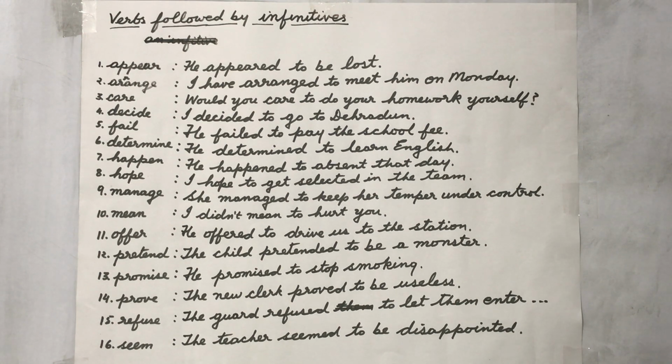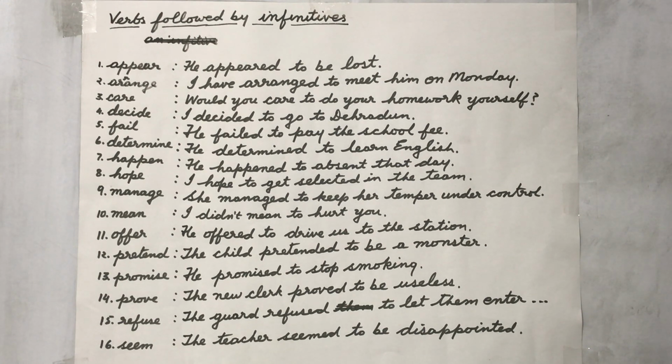See, "be" is not written after "to" in the book, so I'm saying "to be absent." He happened to be absent that day. Hope. I hope to get selected in the team. Manage. She managed to keep her temper under control. Mean. I didn't mean to hurt you. Offer. He offered to drive us to the station.